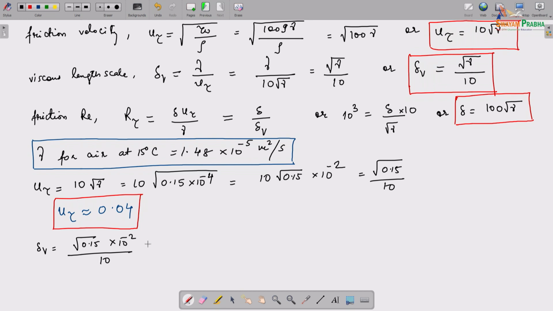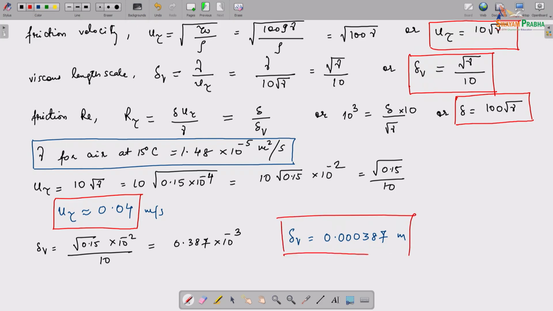Okay, this is actually equal to, okay, therefore delta v is equal to, right, and this should be meters, of course, this should be meters per second. That. Okay.